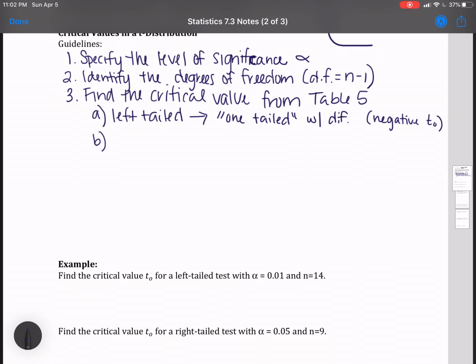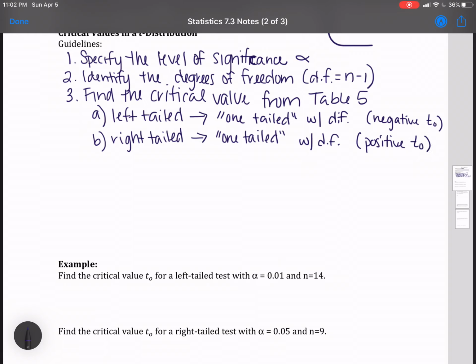Okay, our second condition is if we're right-tailed. Then again, we're going to look at our one-tailed row with the given degrees of freedom. And we're going to have a positive critical value, t sub 0. And our third type we can see is two-tailed.